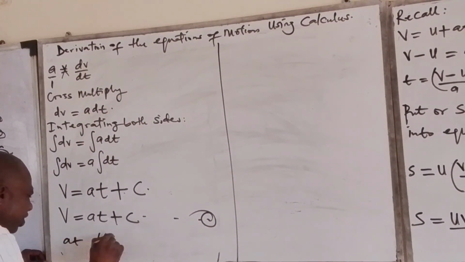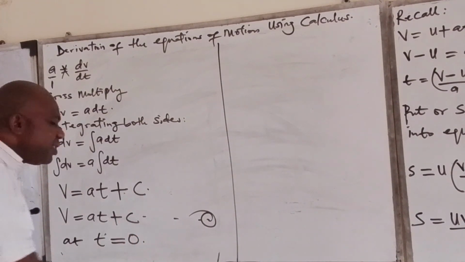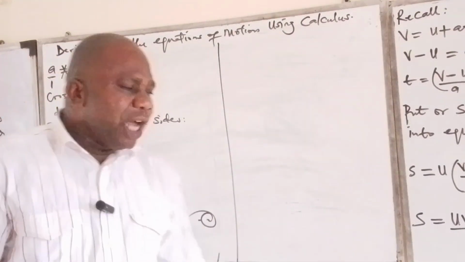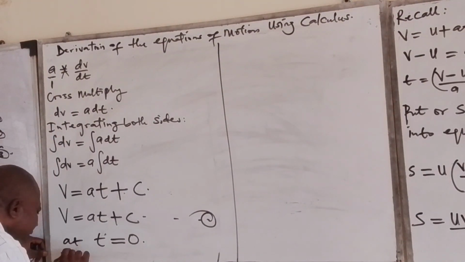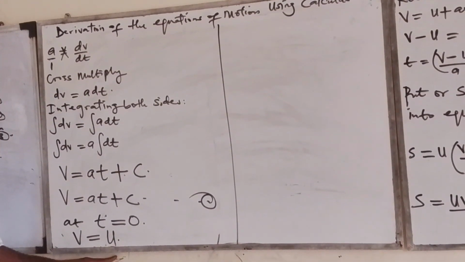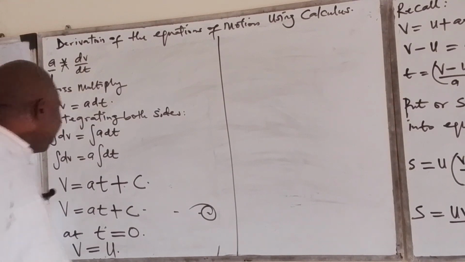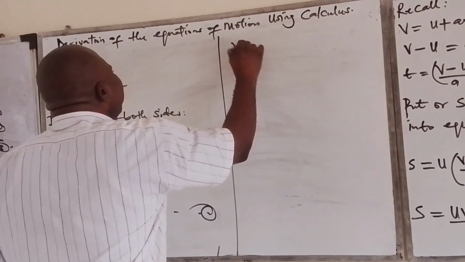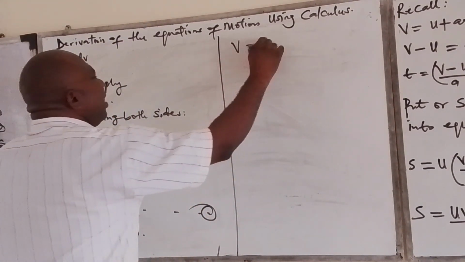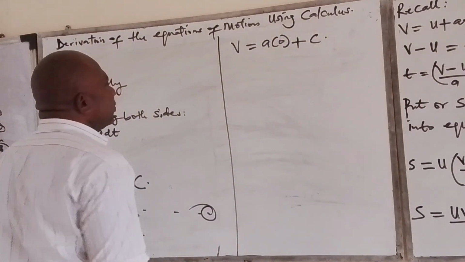At t is equal to 0, the body is at rest. So at t equal to 0, the velocity will be the same thing as the initial velocity. So here we have v is equal to a times 0 plus c.